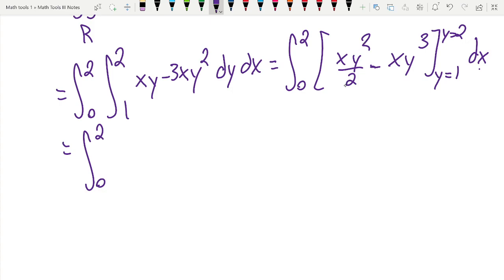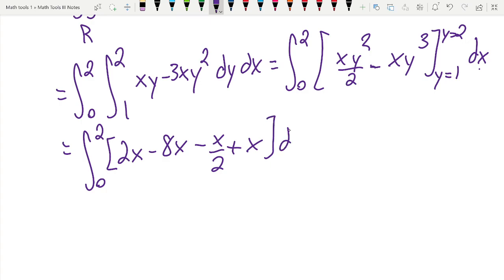Okay, and then, oops. Plug 2 in and you get 4 divided by 2 is 2. So 2x minus 8x, looks like. And then minus x over 2 plus x, dx. So we can simplify that quite a bit.